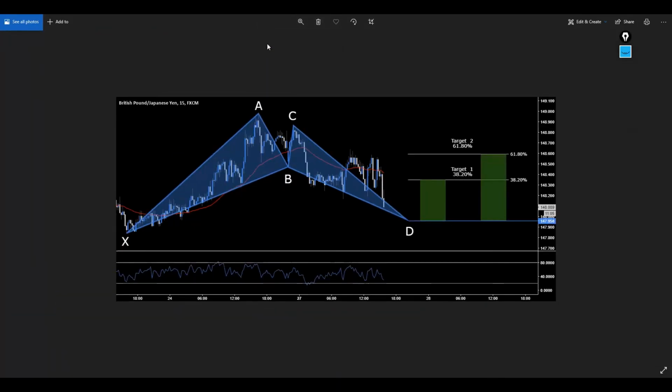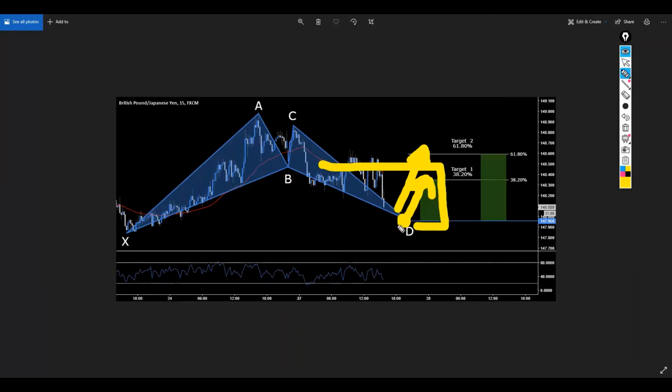If you can see this here, if we get to this market, our first target would be somewhere around there, and the second target would be pretty much here. But as you can see, our reward would be this much, which is good, it's all right.